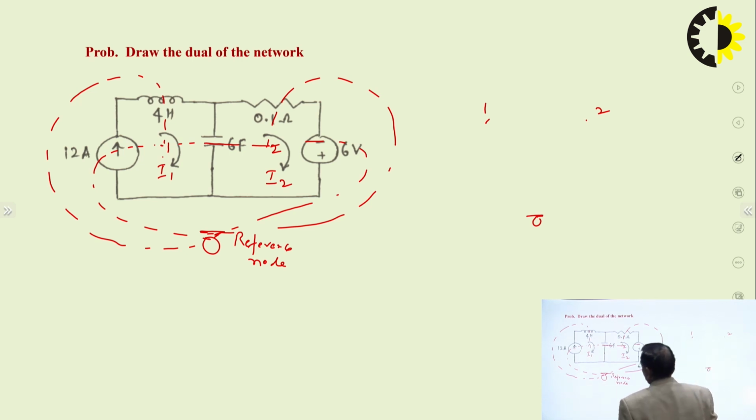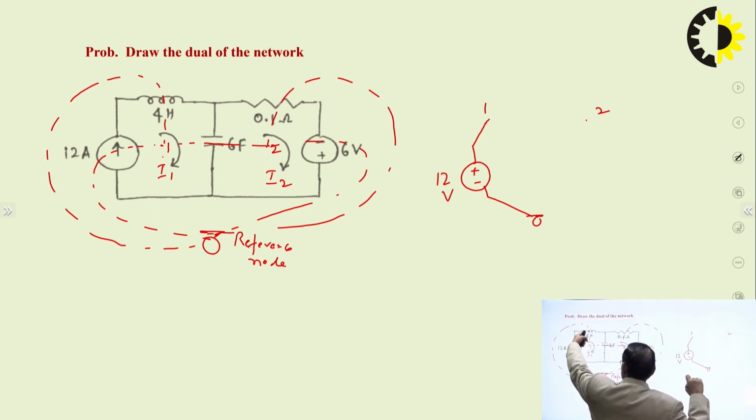From 1 to reference, this is the 12 ampere. The dual of the current is voltage, so it will be 12; the magnitude is same, only the unit is dual.